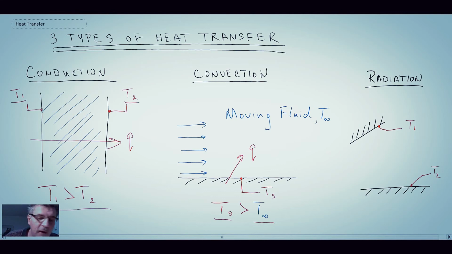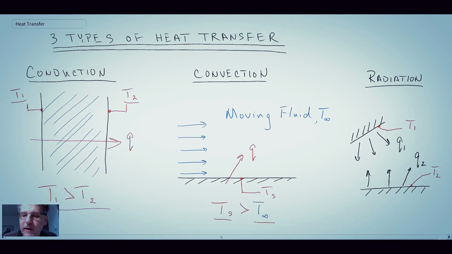Energy is being emitted by an object, so it would be radiating, and we will call the radiative heat transfer coming off Q1. This object down here can be radiating as well, and that would be Q2.